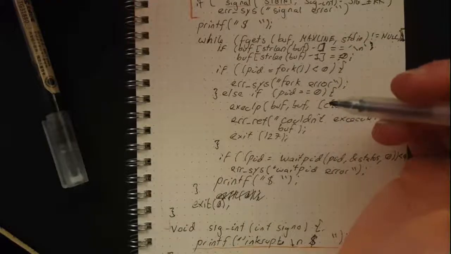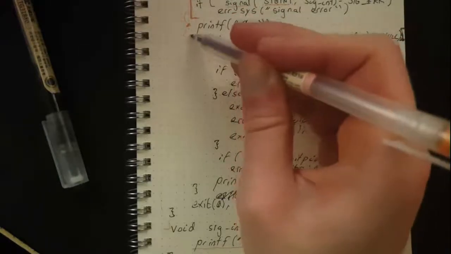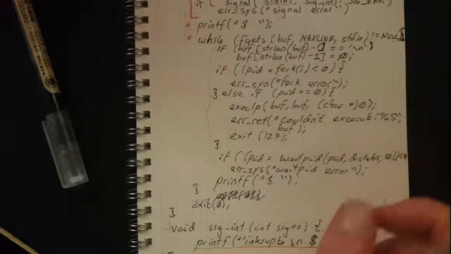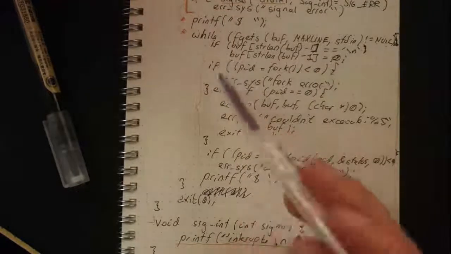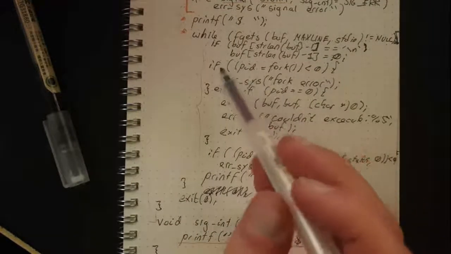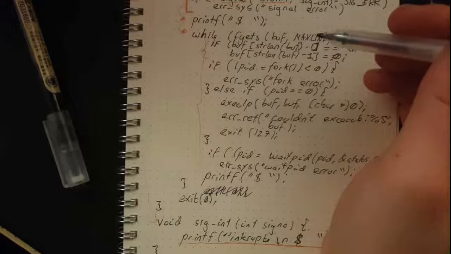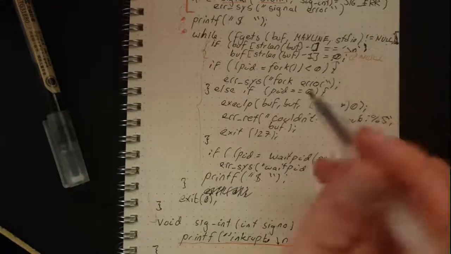And then we basically continue on as before. Go to our printf, go to our while loop, and do our normal things. Most of this remains the same, completely unchanged. As a reminder, we replace the slash with the null for processing.